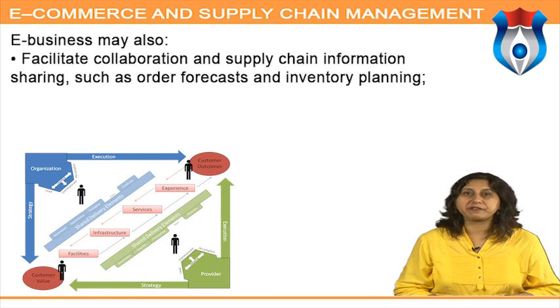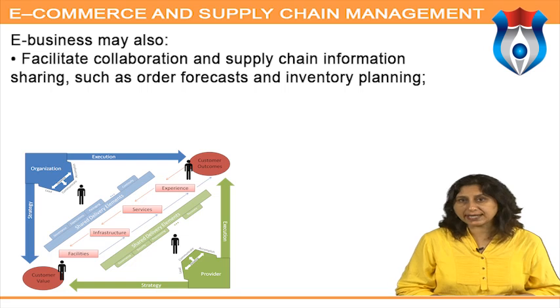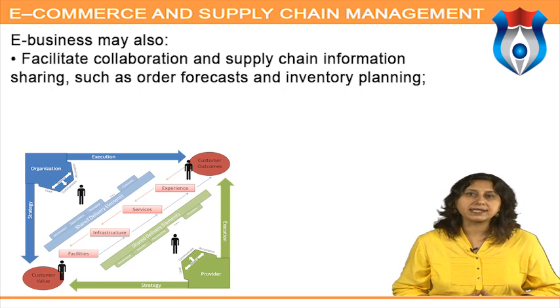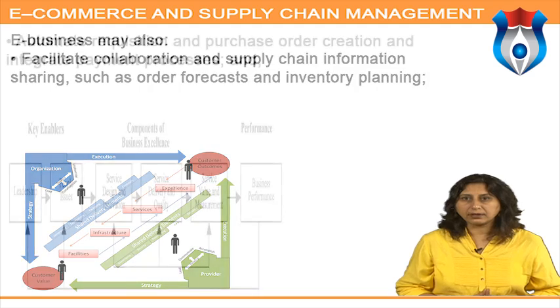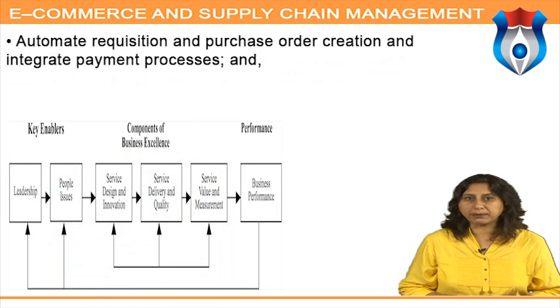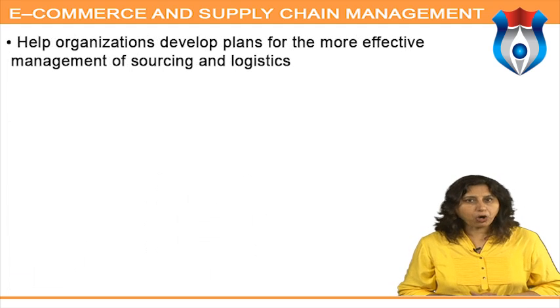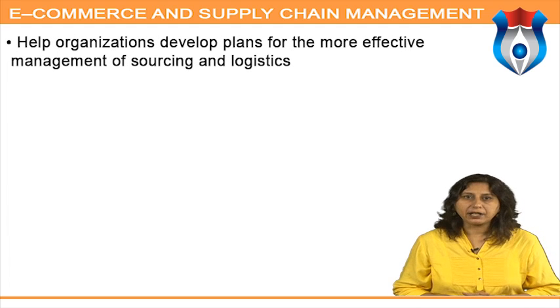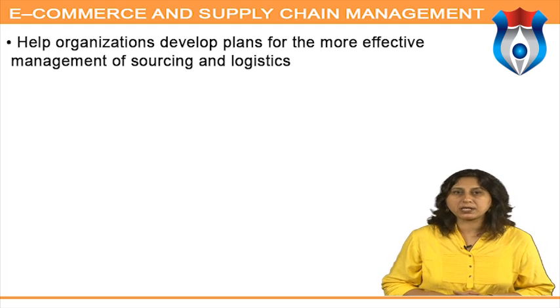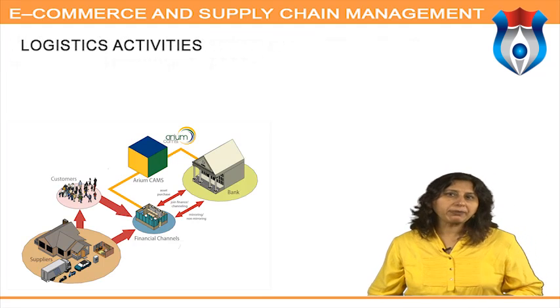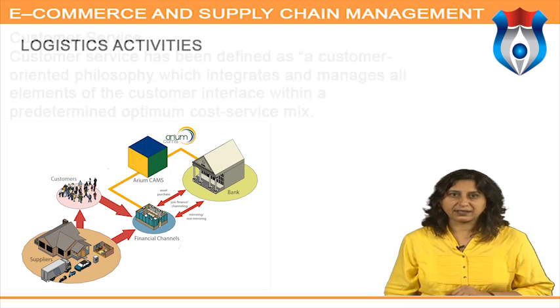E-business may also facilitate collaboration and supply chain information sharing, such as order forecasts and inventory planning. It can automate requisition and purchase order creation and integrate payment processes, and help organizations develop plans for the more effective management of sourcing and logistics. Let's talk about the logistics activities.